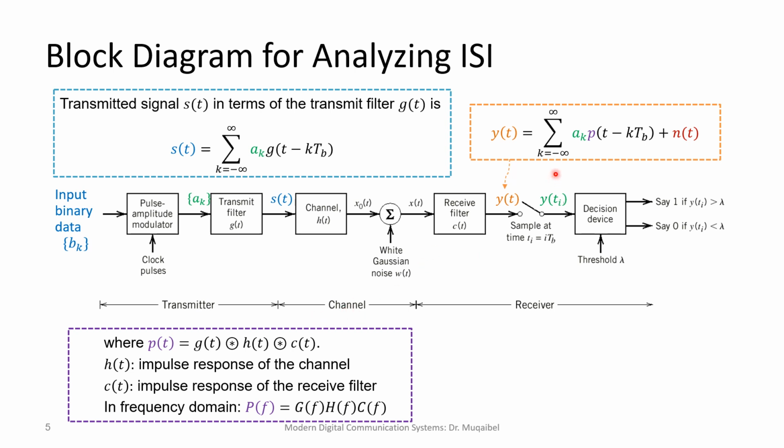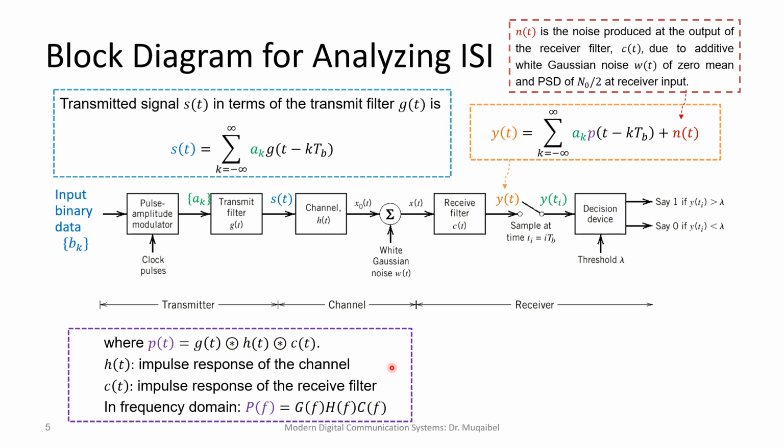Now, we mentioned that P is nothing but the convolution of the original waveform with the channel, and then the receive filter. H is the impulse response of the channel. C is the impulse response of the receive filter. In the frequency domain, we can convert the convolution into multiplication. Now, we also mentioned that N is the result of the white noise through the matched filter.